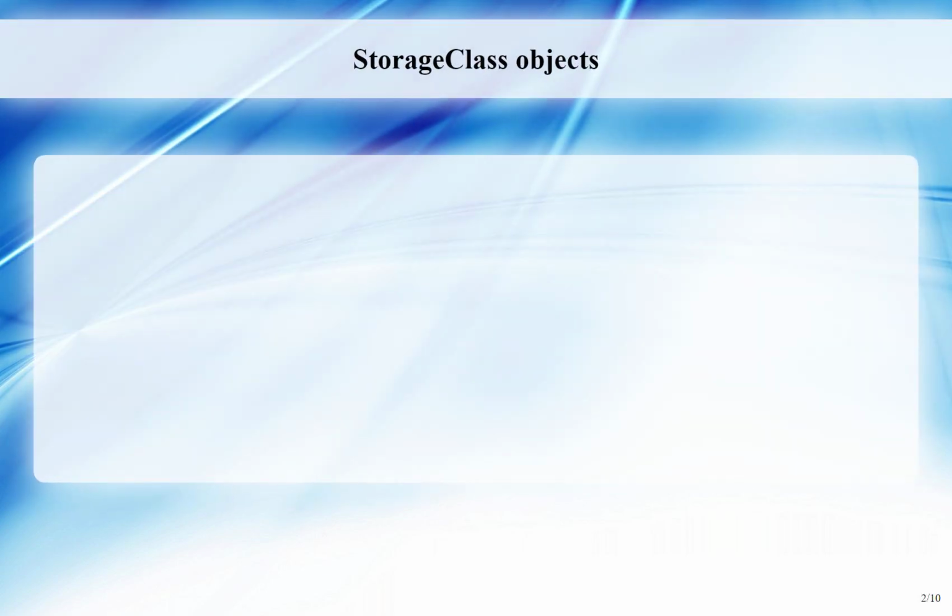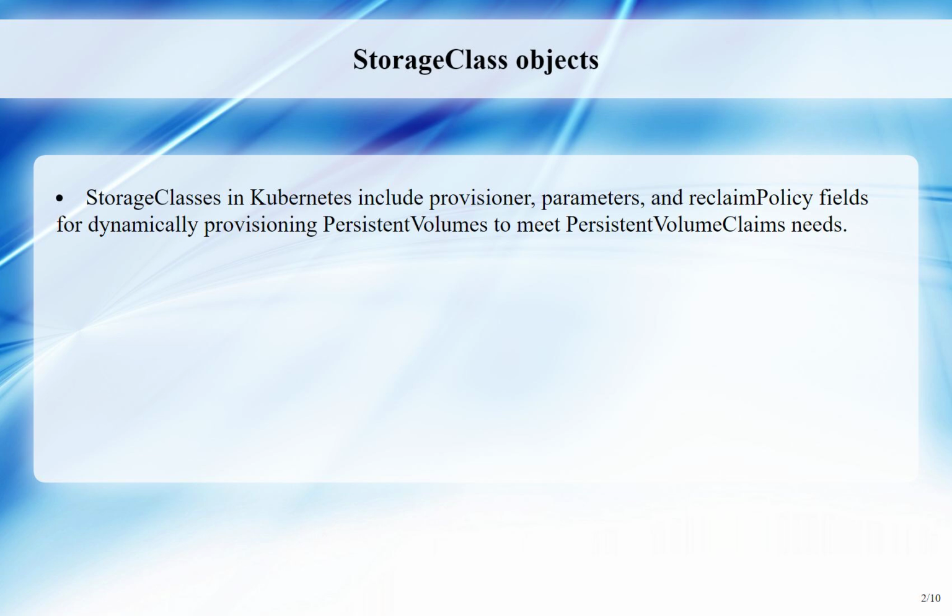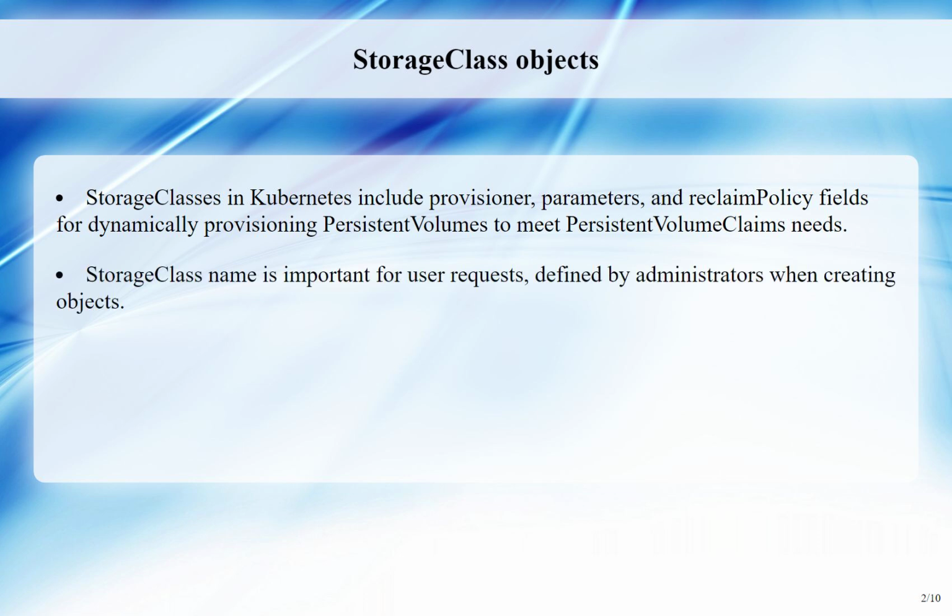Storage class objects. Each storage class in Kubernetes includes the fields provisioner, parameters, and reclaim policy. These fields are essential for dynamically provisioning persistent volumes to meet the needs of persistent volume claims. The name of a storage class is crucial as users can request a particular class using the name.